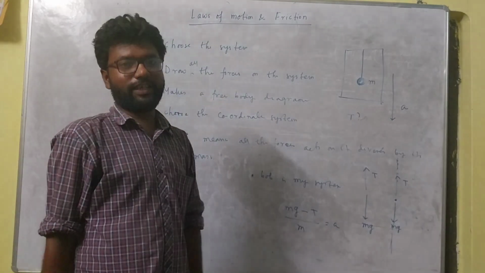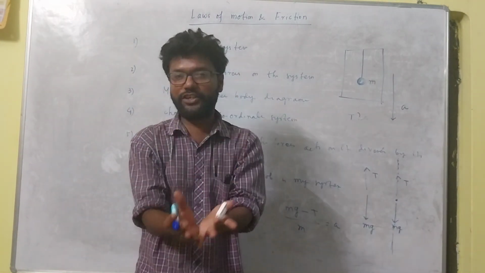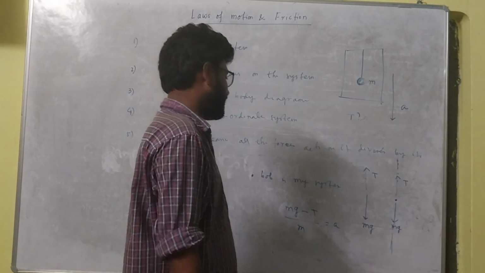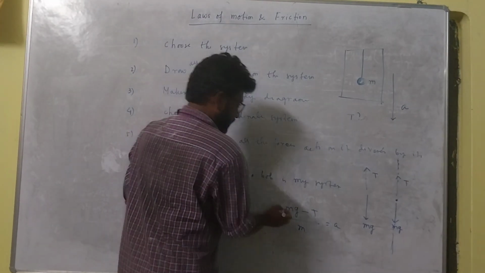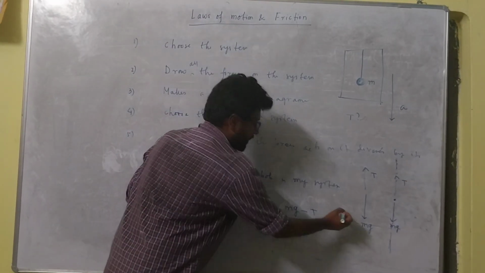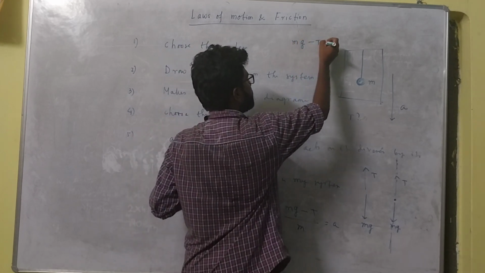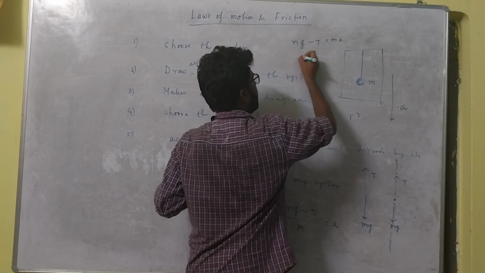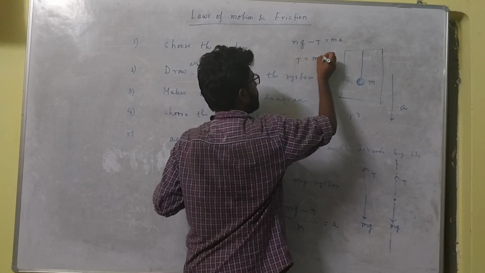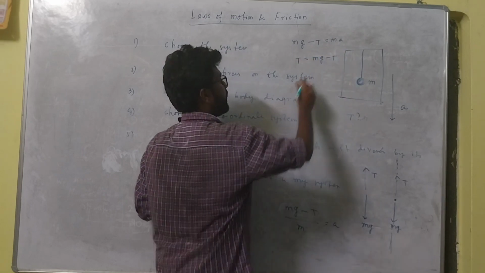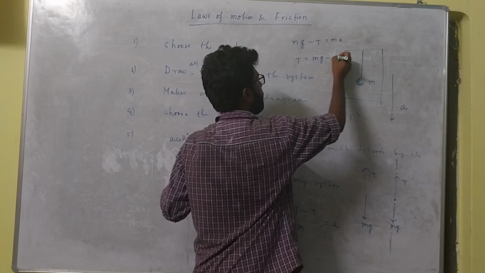Then if I want to calculate tension here, of course this is a very simple situation. It's just a cross multiplication. mg minus T equals ma, and T should equal mg minus ma.